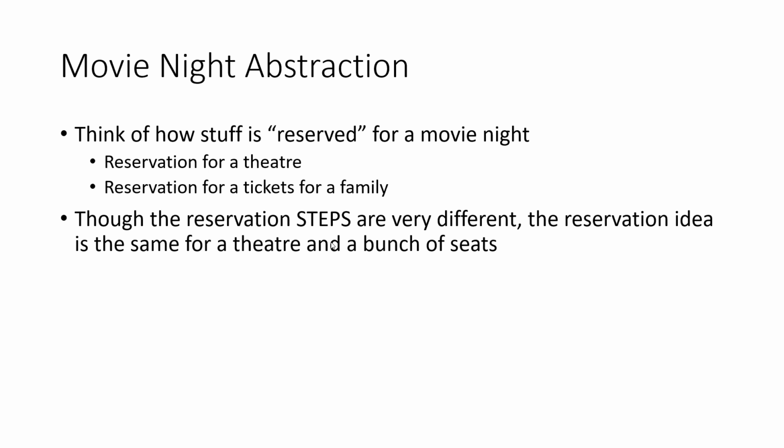So that's a reservation. It's an idea of saving a resource for the future, right? A team member interfaces with the culture club and they say, I want to reserve 4 different tickets. So even though it's very different, even though reserving a theater is very different than reserving a couple of tickets, the idea of reserving is the same, okay?